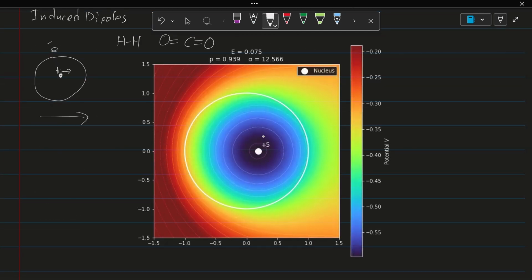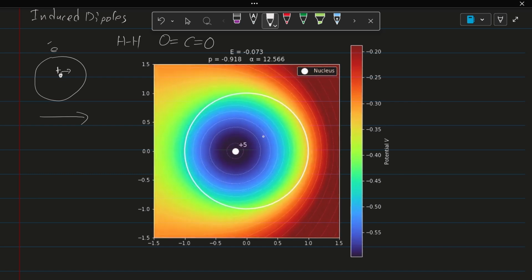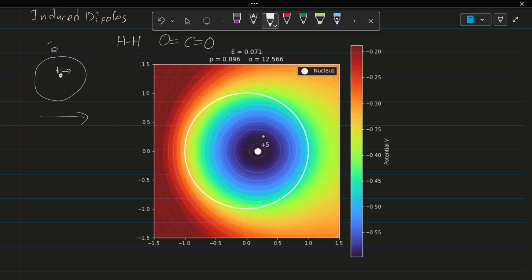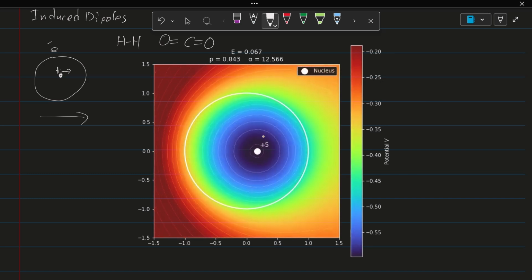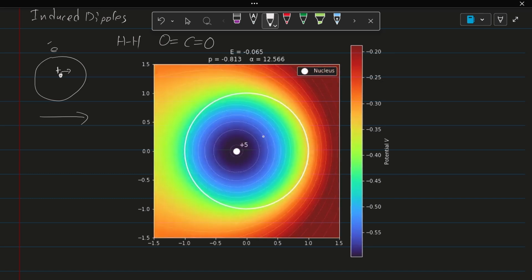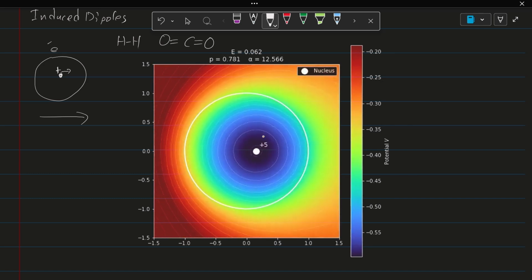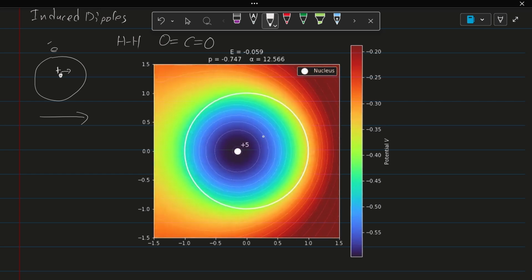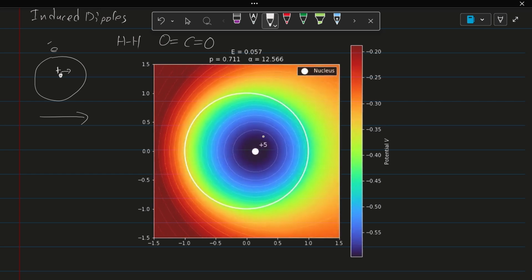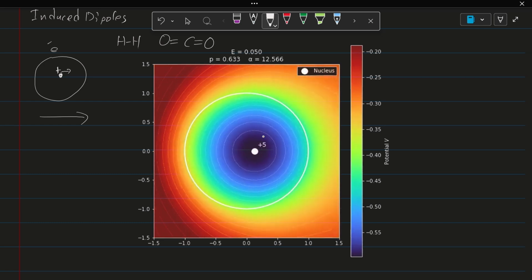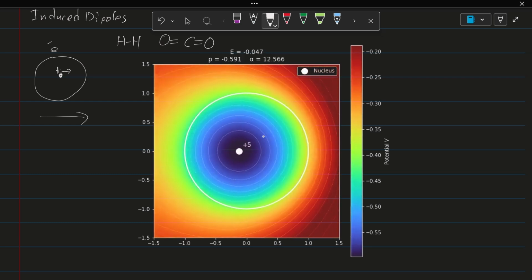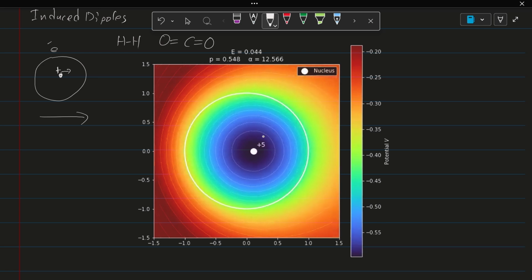In here, I'm showing you the induced dipole mechanism for a certain type of atom, in which you can see that the nucleus is moving while the electron cloud is not moving. It has remained constant. And the colors indicate the potential. So how to read this diagram is that the nucleus wants to go towards the lower potential.